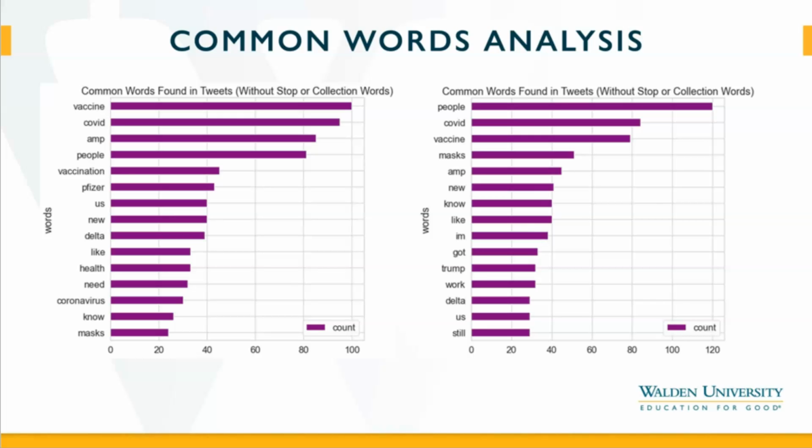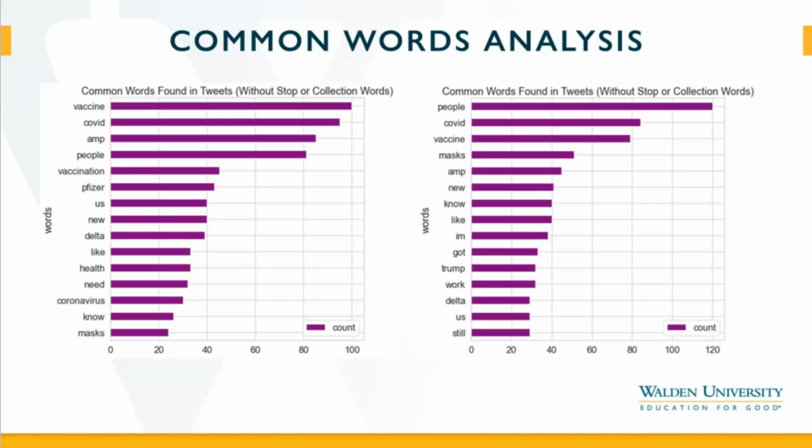But it seems like some of the ideas that people were thinking about included, of course, need, which was an interesting word there on the left, and just people. And Delta was on people's minds, right?